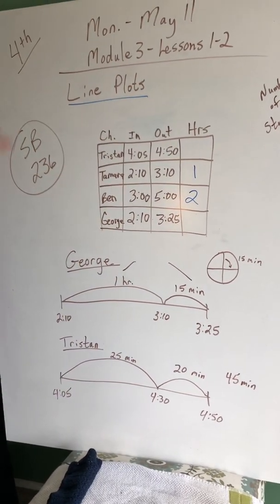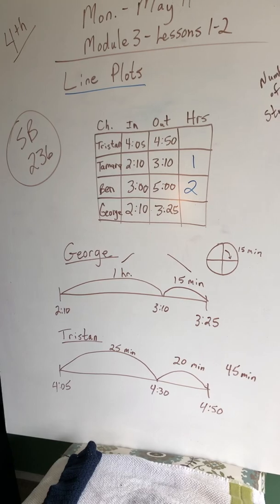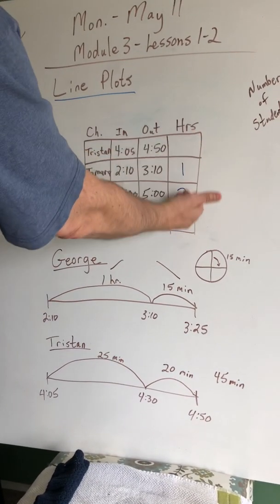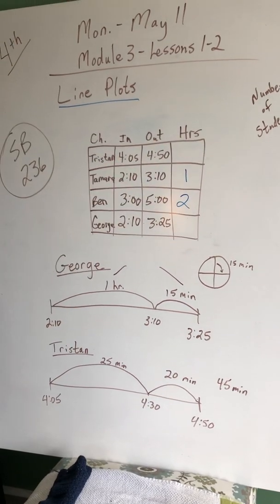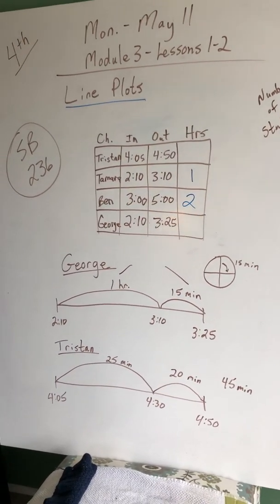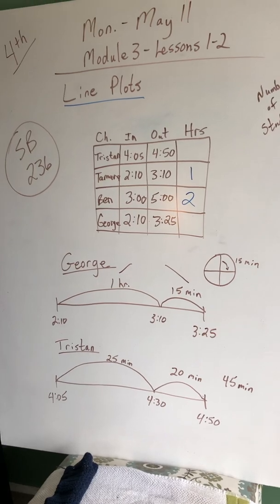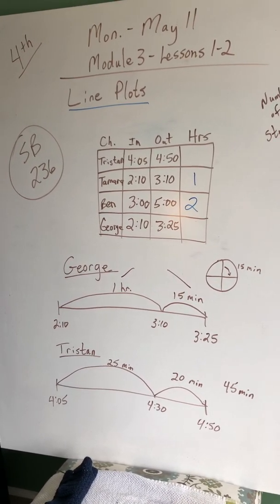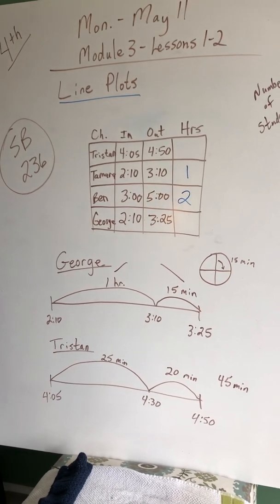They did half of the chart for you, and the other half, they left the amount of hours off. So it's going to be in hours, but some of these are going to be in fractions of an hour, and some are going to be mixed numbers in an hour.